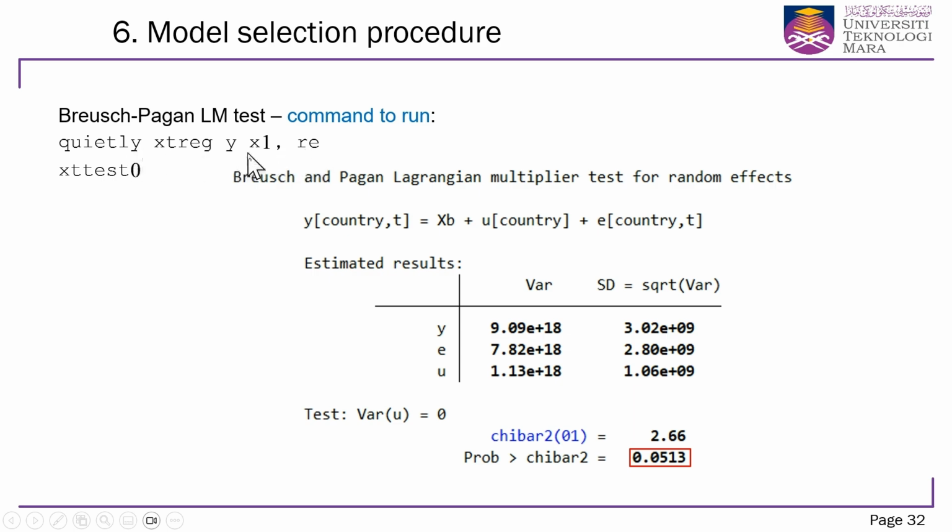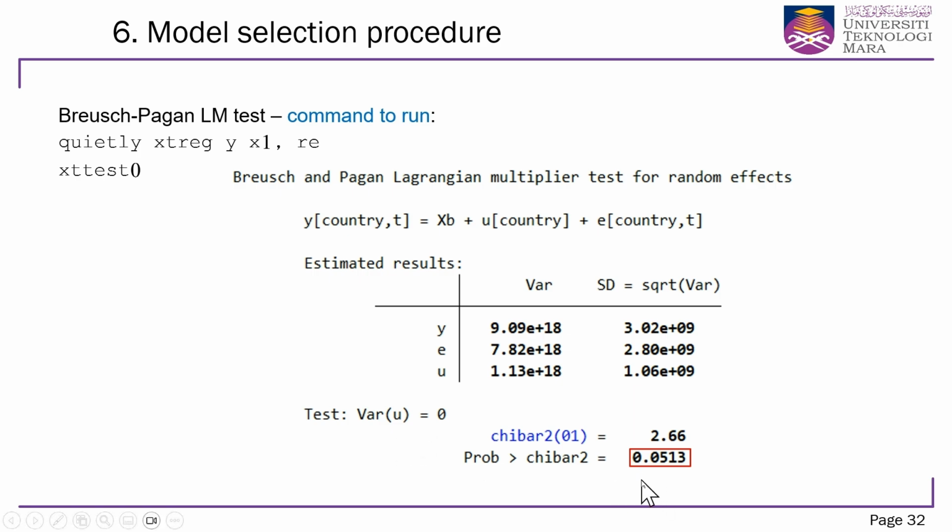So we tell Stata to run the random effect estimation, and then the command is xttest0 to run the BPLM test. We know that random effect model assumes the unobserved heterogeneity factor exists at random, but pool OLS model assumes it is not present whatsoever. The null hypothesis of BPLM test here says that the variance of the error term is zero, which means that the unobserved factor does not exist.